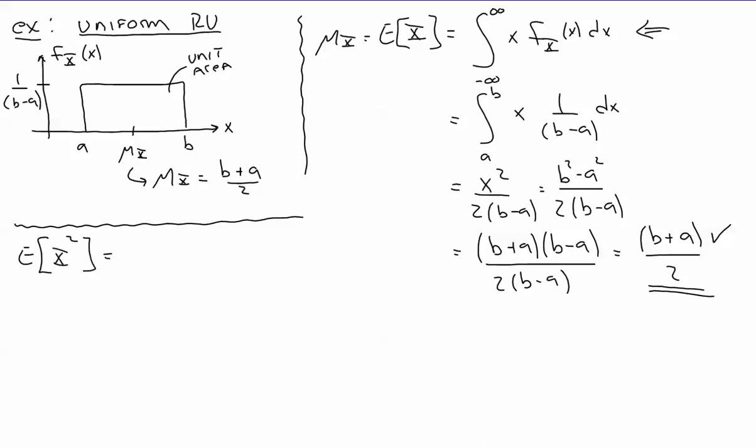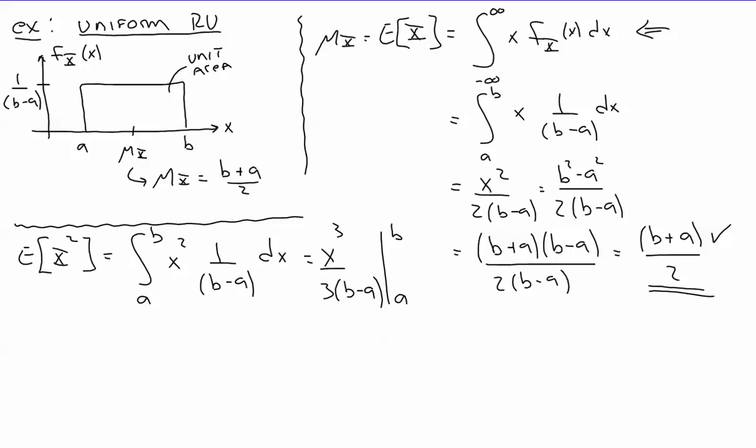The second moment is going to be the integral from a to b, x squared times 1 over b minus a, dx. This equals x cubed over 3 times b minus a, evaluated from a to b.